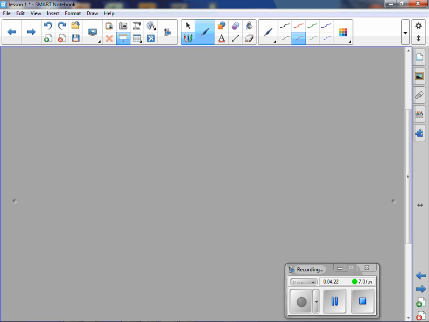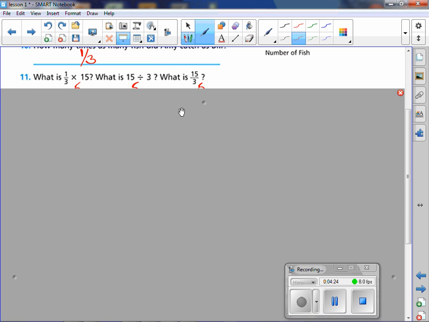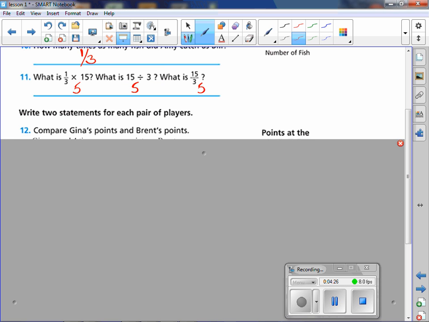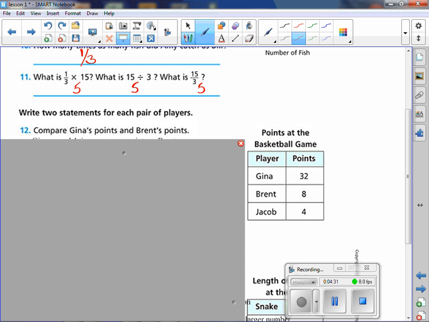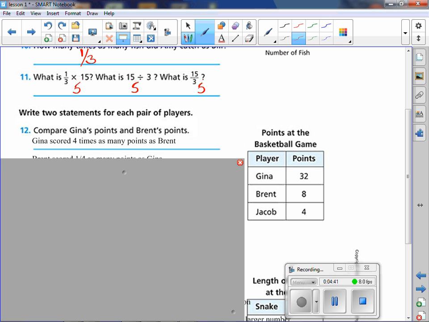These next ones, let me go ahead and gray screen it so we're not all looking at all the answers before I explain it. When you compare points on this data table, we're looking at Gina and Brett. Well, 32 and 8. 32 is 4 times as much as 8, so Gina scored 4 times as many points as Brett.